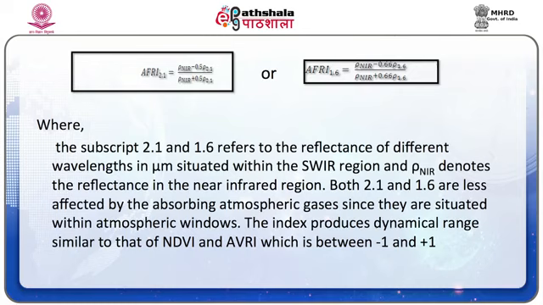Both 2.1 and 1.6 are less affected by the absorbing atmospheric gases since they are situated within the atmospheric window. The index produces a dynamic range similar to that of NDVI and ARVI, which is between -1 and +1.